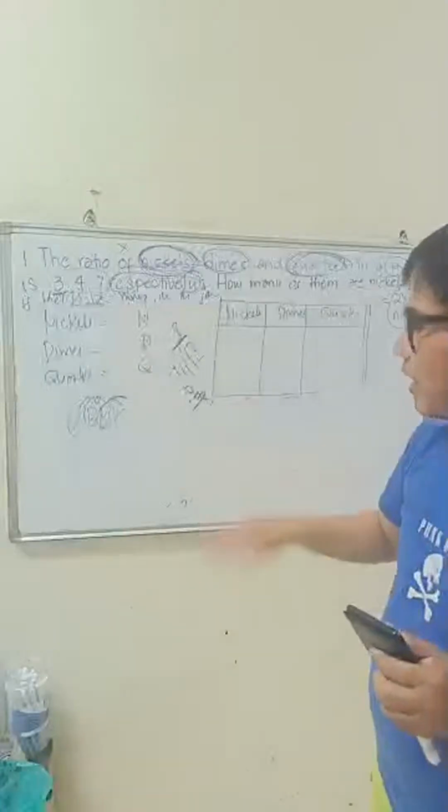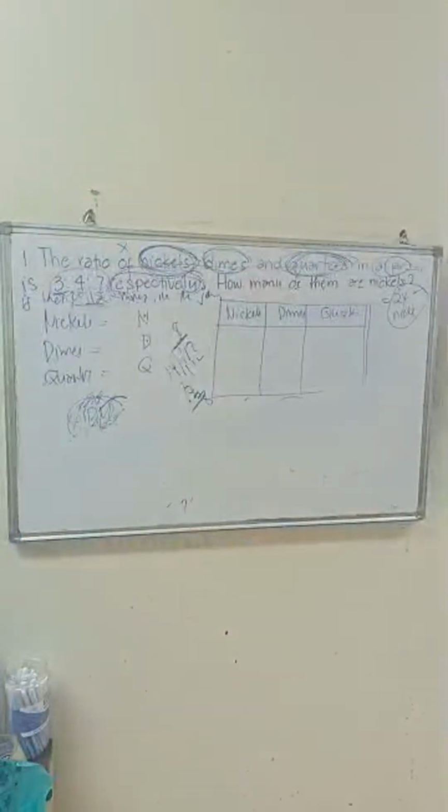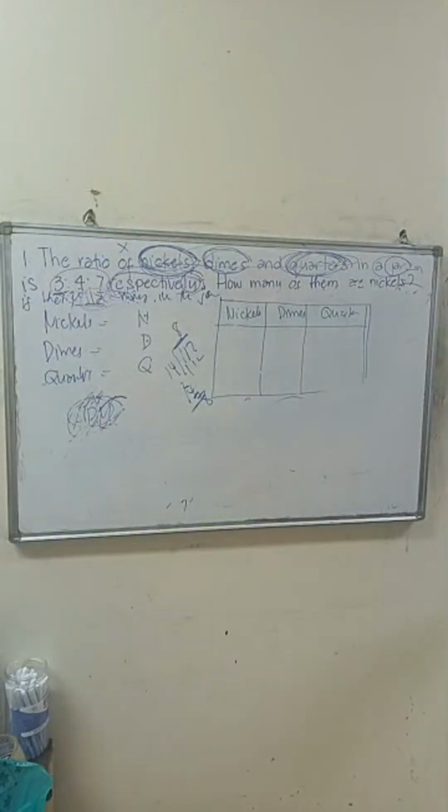Okay, here we have nickels, dimes, and quarters. So we need to tabulate this also, and we need to have the fourth column as total.